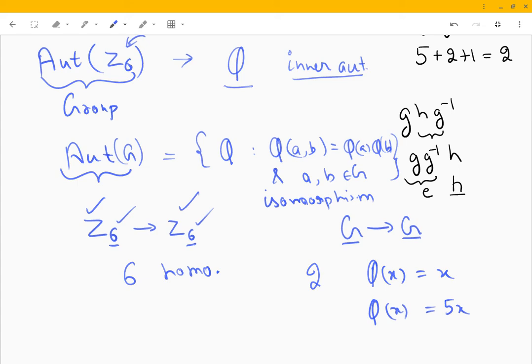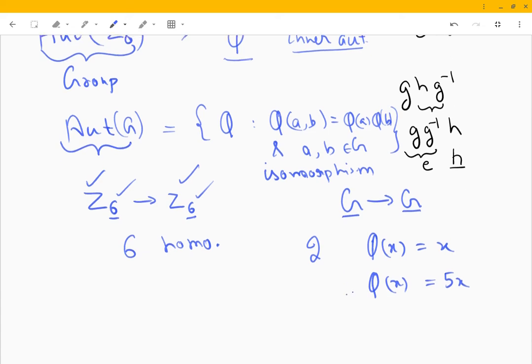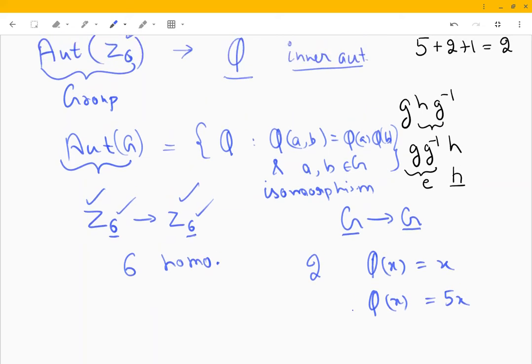Or in simpler terms, either 1 can map to 1 or 1 can map to 5. Now let's take this as phi1, this is phi2. So this is our first isomorphism. This is the second isomorphism. Why will this be an isomorphism?